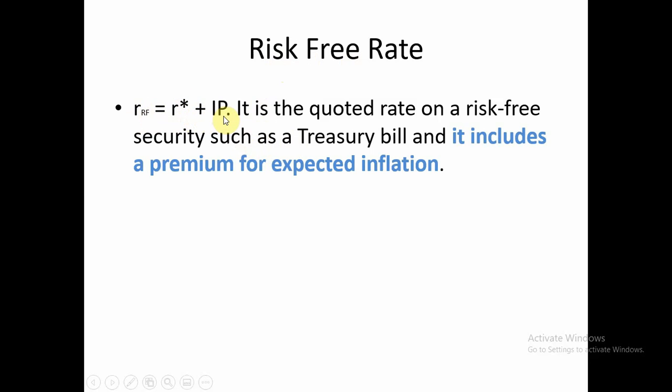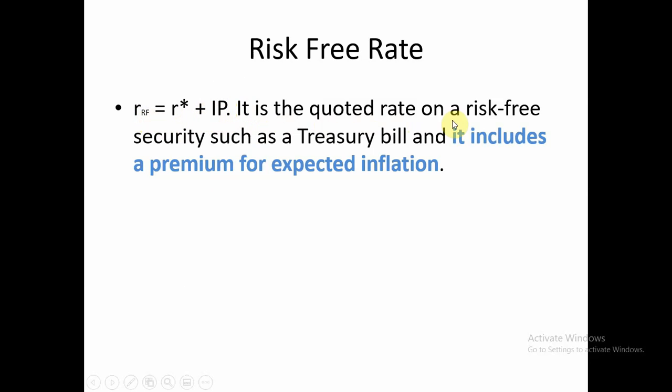Every society has some rate of inflation, and you add that expected inflation rate to your security. So when you add the expected inflation rate, your inflation risk will become zero, and your security will be converted into a risk-free security.